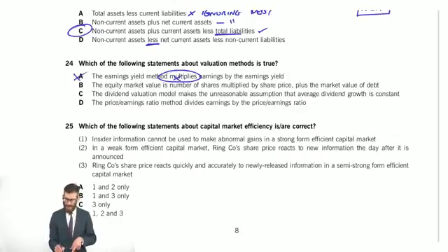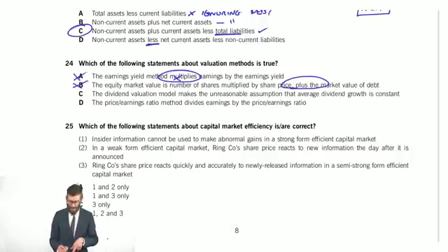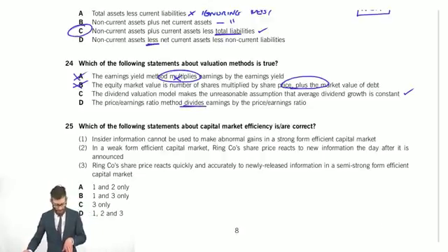The equity market value is the number of shares multiplied by the share price plus the market value of debt. No, the market value of debt would ordinarily be deducted. That is not the correct answer. The dividend valuation model makes the unreasonable assumption that the average dividend growth is constant. That's exactly what it does, but I'm not yet prepared to answer C. The price earnings ratio method divides earnings by the price earnings ratio.